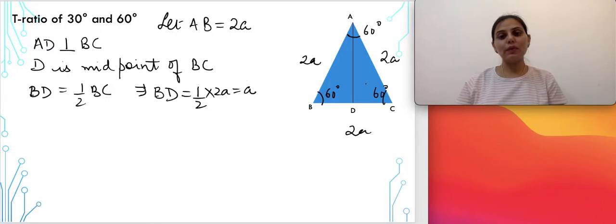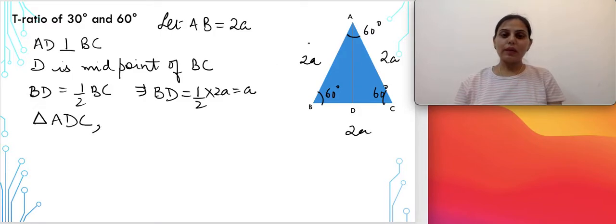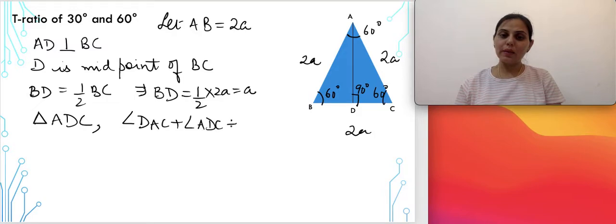Now let's take one of the right angle triangles. Let us take triangle ADC. Now in this triangle, as we know that AD is a perpendicular bisector, so this angle is 90 degrees. If you know the value of angle D and angle C also, you can calculate the value of angle DAC. So angle DAC plus angle ADC plus angle C, their sum will be equal to 180 degrees using the angle sum property.